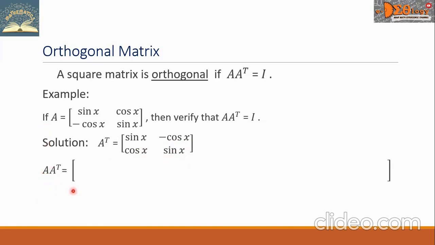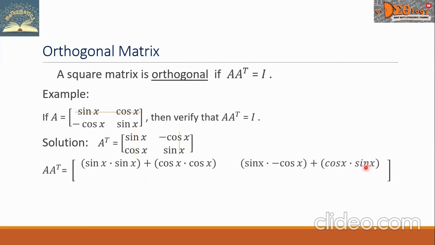So we will write our matrix blank here. We will start the row column multiplication. So the first row multiplied by the first column. So we have here sin x times sin x plus the cosine x times cosine x.